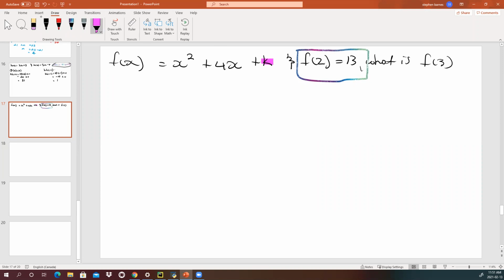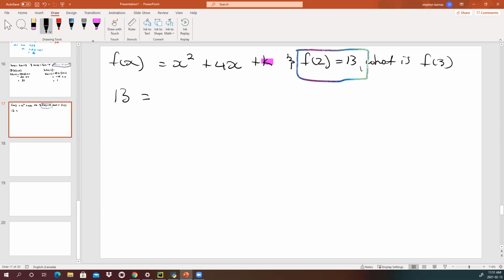So as before, we are going to be using the information here to find out what is k. So what we know is that when 2 is put into this f function here, you get 13 out of it. So we can say 13 is equal to, when 2 is put into it.